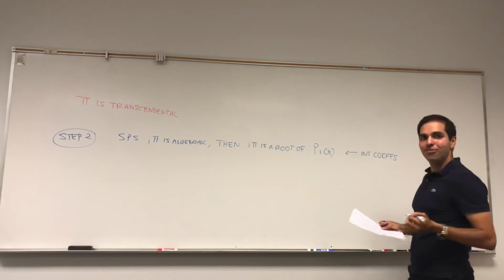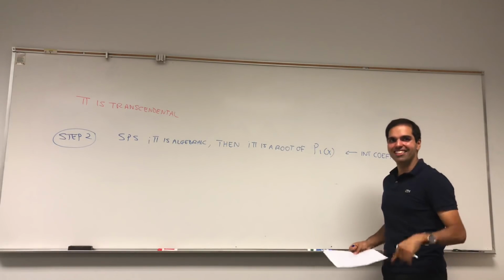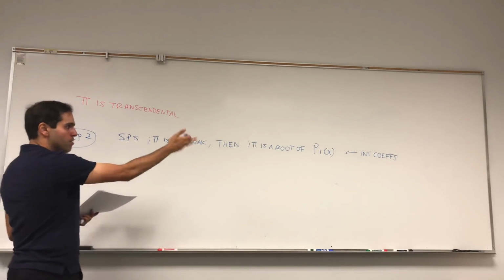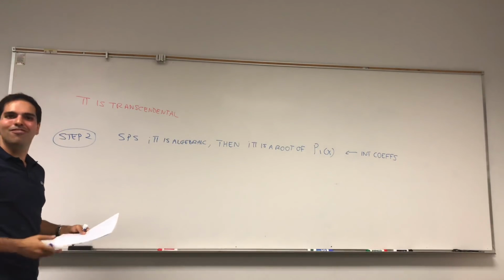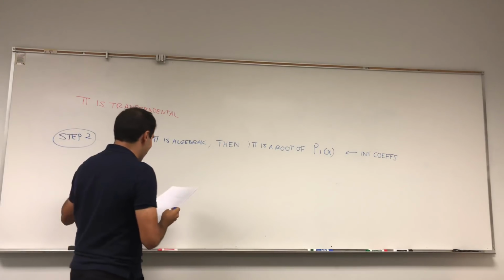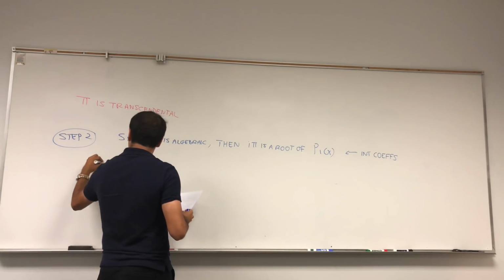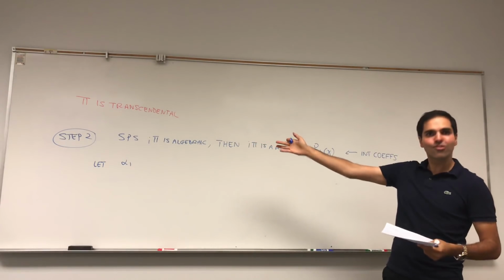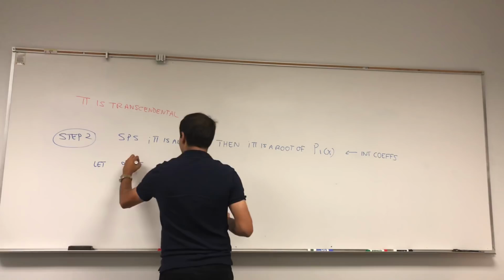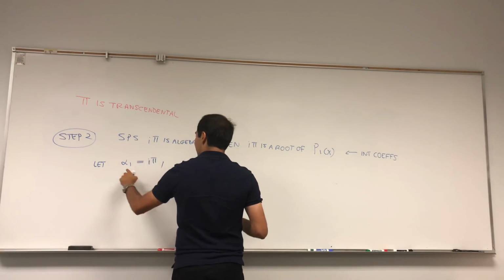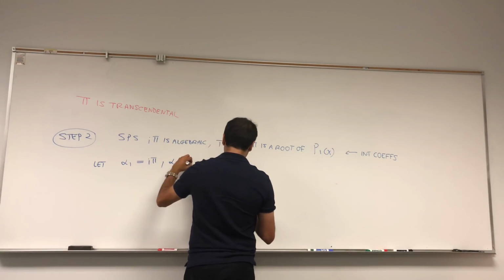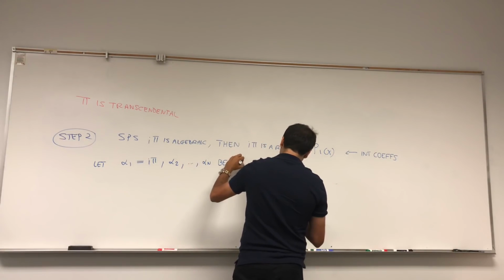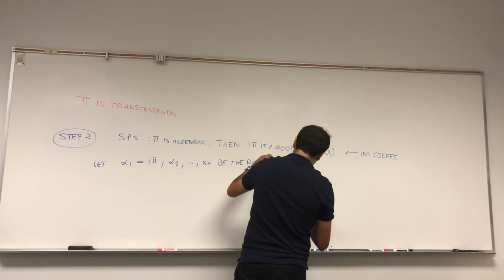And the reason I write p1 is because we will use other things like p2 up to pn. In particular, p1 is a polynomial, so by the fundamental theorem of algebra it has n roots. So let's call the roots alpha 1 up to alpha n. One of the roots is i pi. Let's just let it be the first one. So let alpha 1 be i pi, and alpha 2 up to alpha n be the other roots of p1.